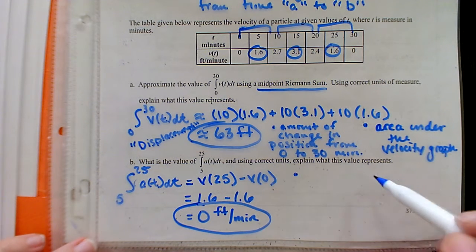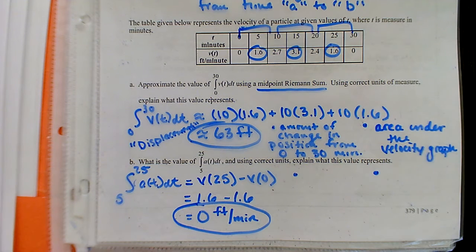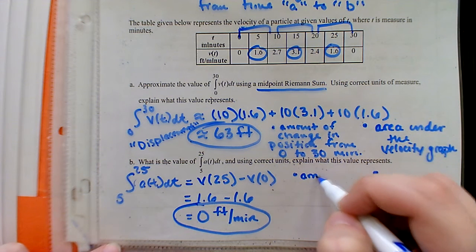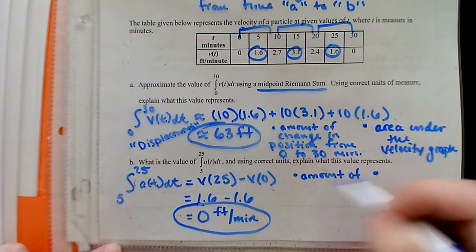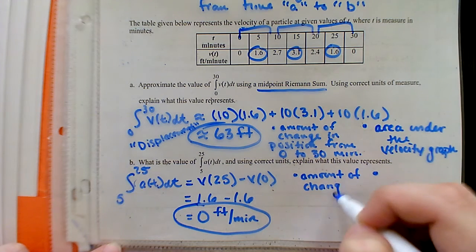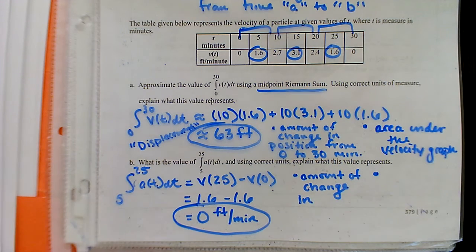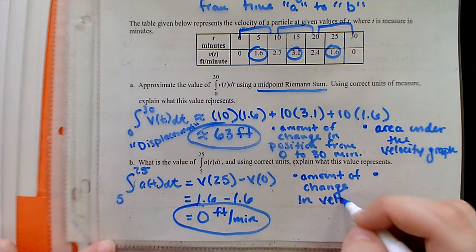So we could tackle this 2 different ways. If it's an integral, you could say it's the amount of change. The amount of change in what for this case? Velocity, good.